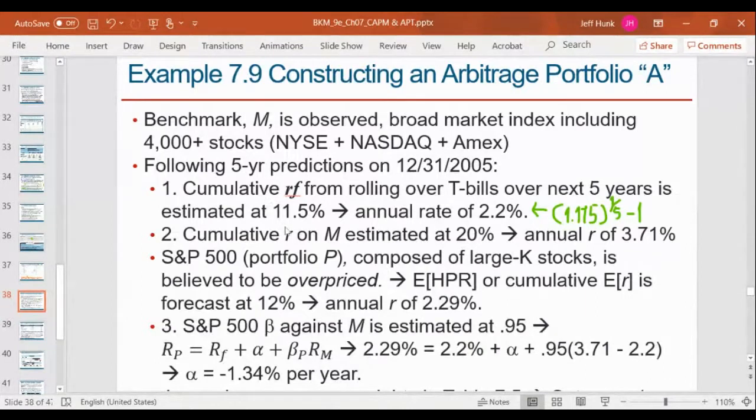So usually, in accounting practice, they just take a simple average of 5 years.